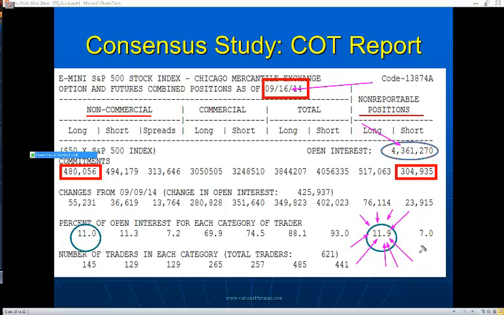So this was the warning sign that we had. They were net long. So that was pretty powerful information that a correction was coming pretty soon. Does everyone see that? That was pretty key. Then the hedge funds, they were actually short as well. They were net short. But boy, 11% of the hedge funds were actually long the market too.